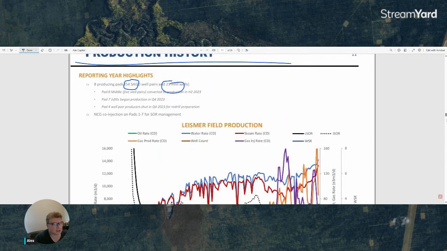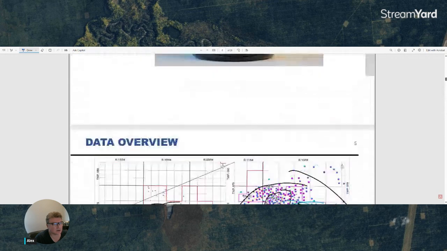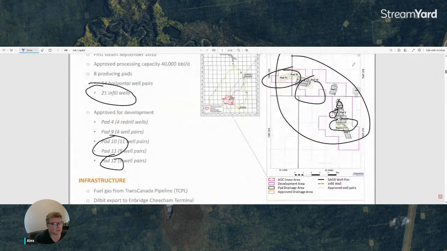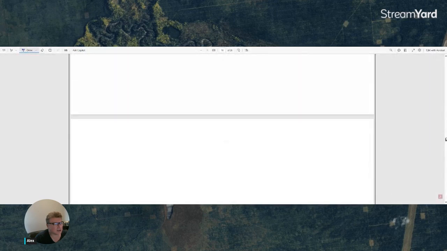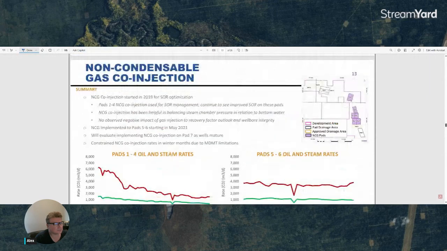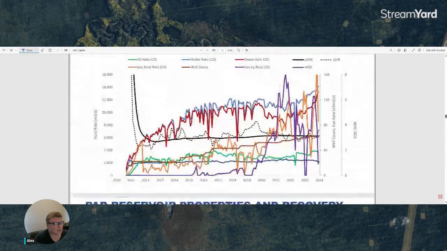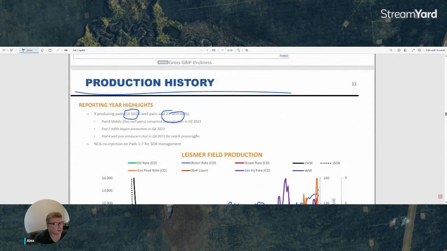So that pad 8 that we talked about, it's right there, that pad 8 right here. They're providing an operational update on that. And pad 7 infills began, and pad 4 well pair producers were shut in Q4 2023 for re-drill operations.